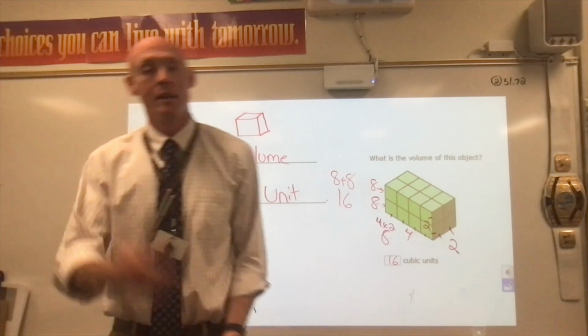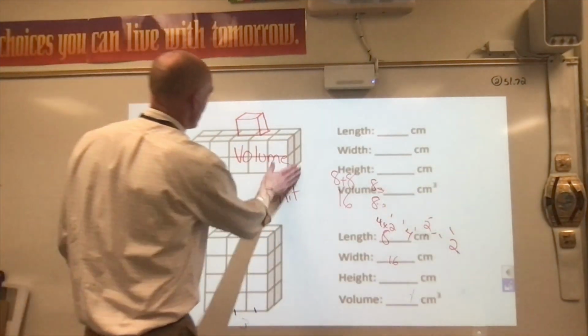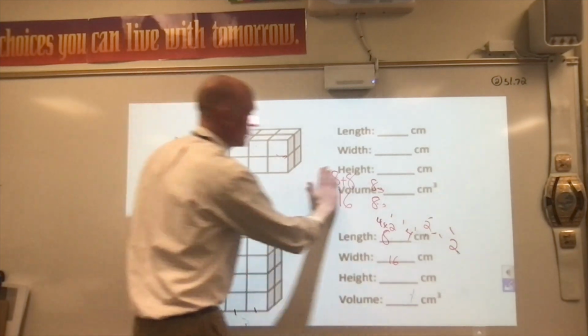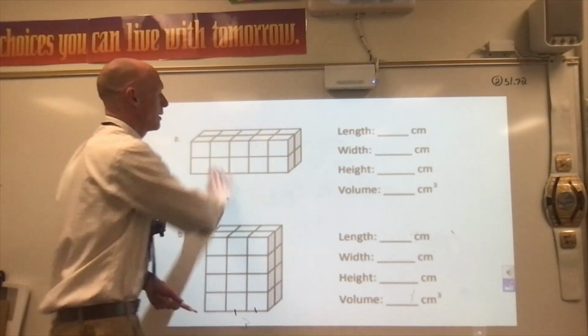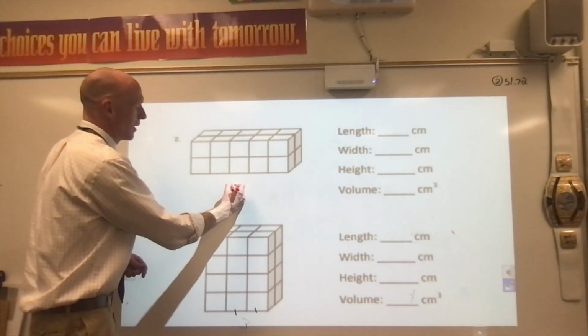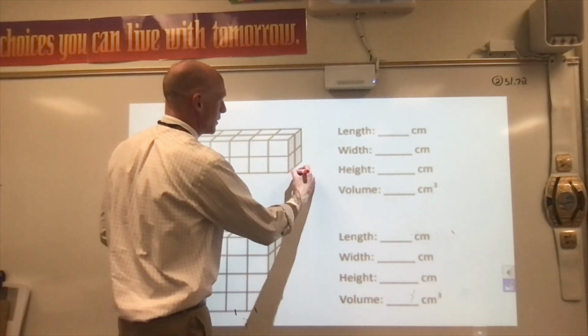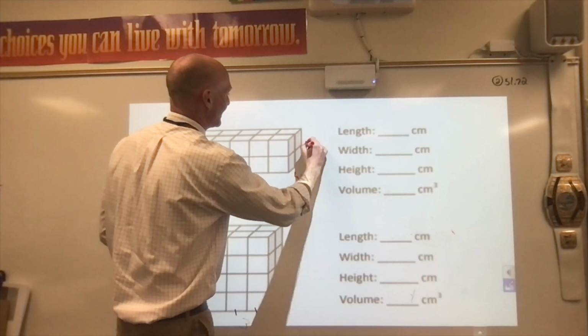All right. Now, let's get a look at this one. Length, width, height, volume. Perfect. I'm going to call this the length. I'm going to call this the width, and I'm going to call this the height.